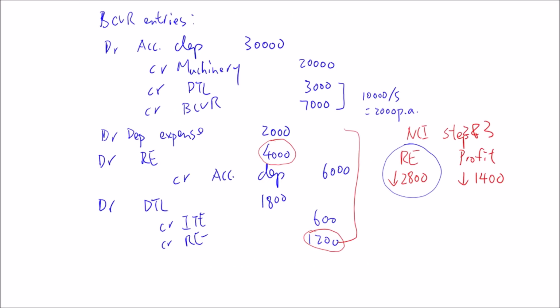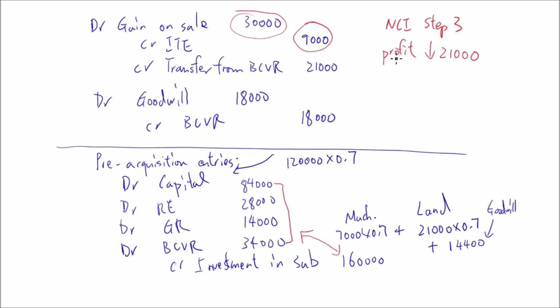Let's start with BCVR. With BCVR, the first one that we can see, we have a decrease of profit, 1,400, that came from BCVR, depreciation of machinery, that will be the first one. Second one, we have NCI step 3. Here we also decrease profit. That one comes from gain on sale of land. So that one we also need to include.